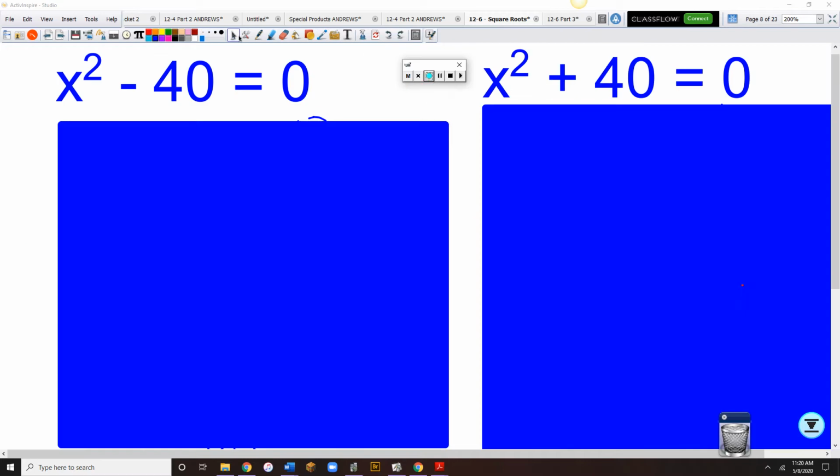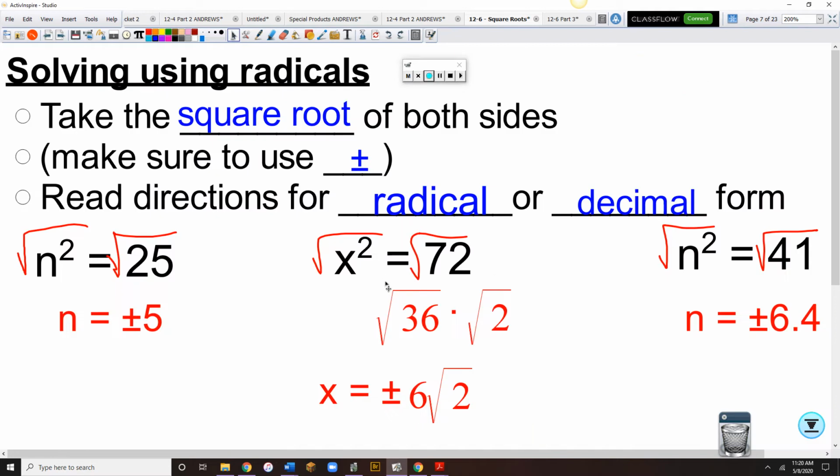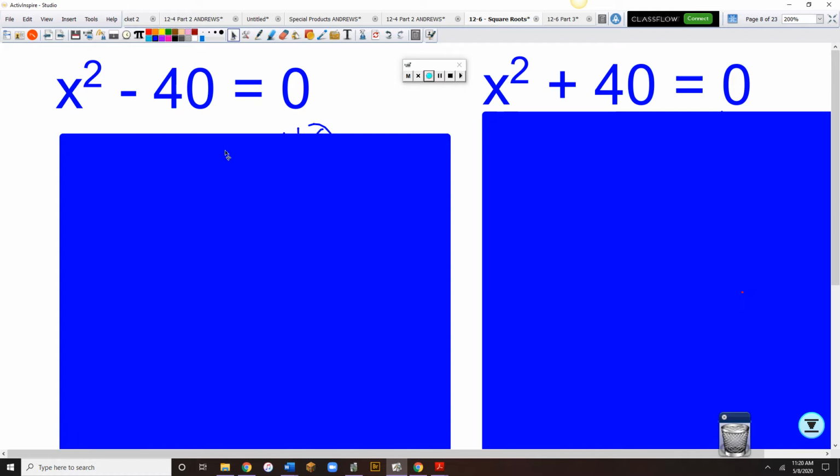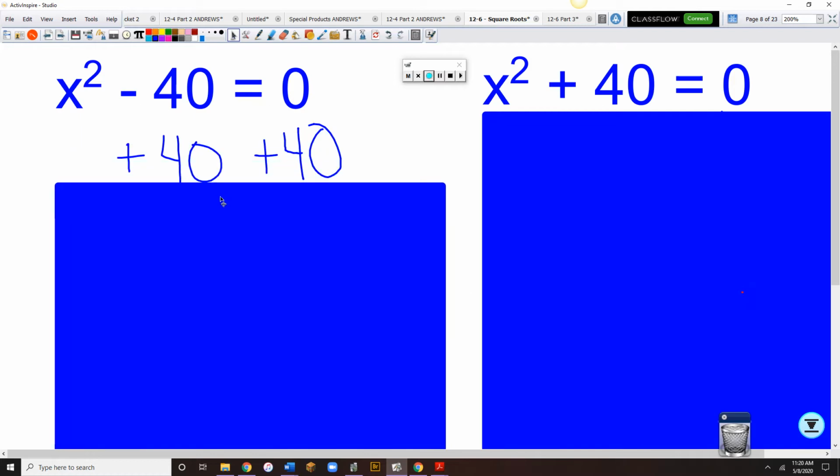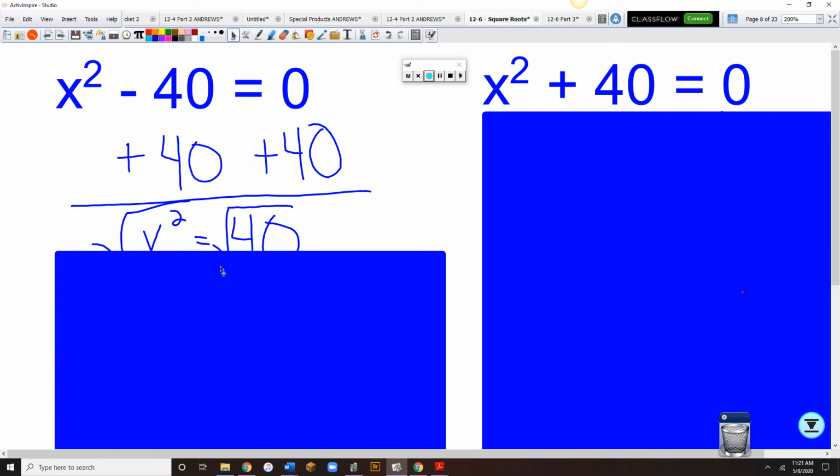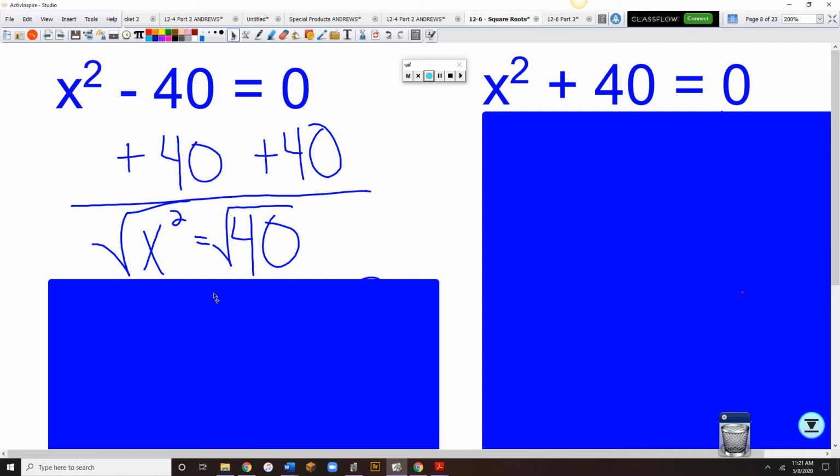Sometimes the quadratic is set equal to 0. If the quadratic is set equal to 0, but you notice, hey, there's no b term, so I can't factor this like I normally would, then you can set it up by rearranging this equation like we had on this screen. We can make those problems look like this by adding 40 to both sides, then taking the square root of both sides.